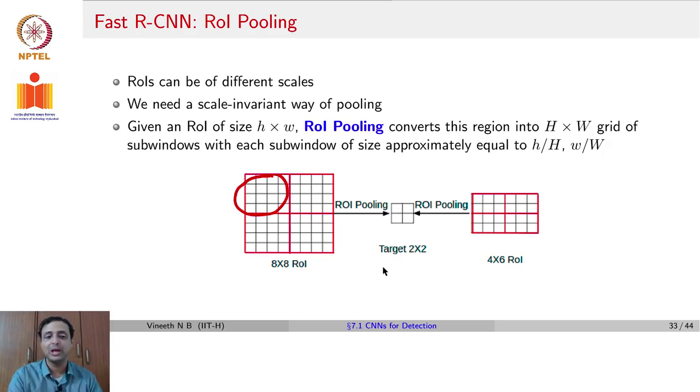You would do, say, a max pooling, and only the max value would go here, so on and so forth.